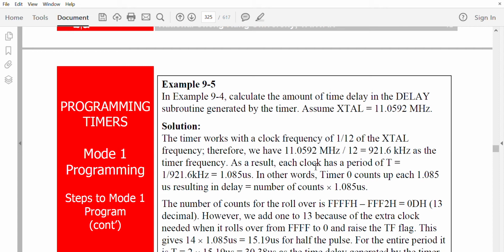You have an extra count which is for the 0000. So it is always FFFF minus the initially loaded value plus 1. So that is the total number of counts. So the total number of counts into 1.085, which is the time period, will be the resulting delay.